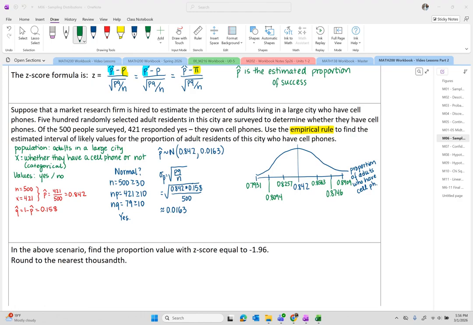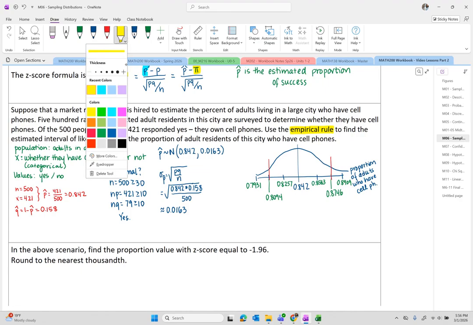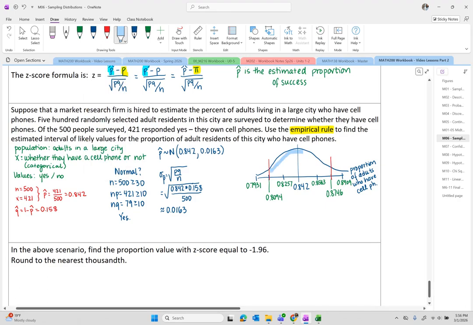So if you remember, the empirical rule says that 95% of the data is within 2 standard deviations from the mean. So 2 tick marks to the left and 2 tick marks to the right. The middle 95% are the interval of likely values of this variable, which is the estimated proportion of adults in the city who have a cell phone, so that will be 95%, and this is the interval of likely values.